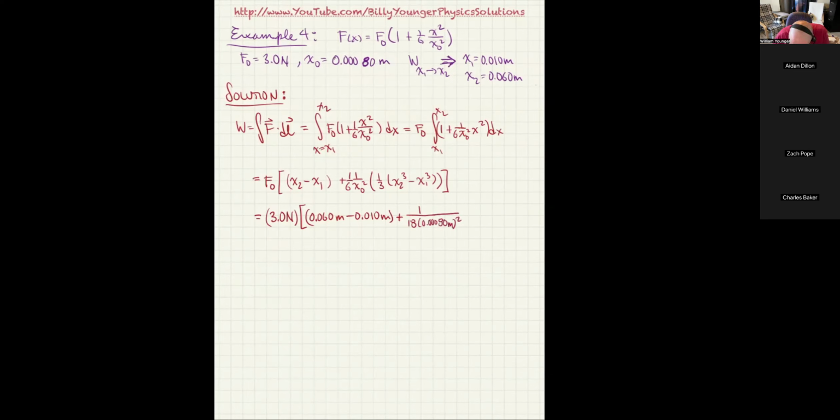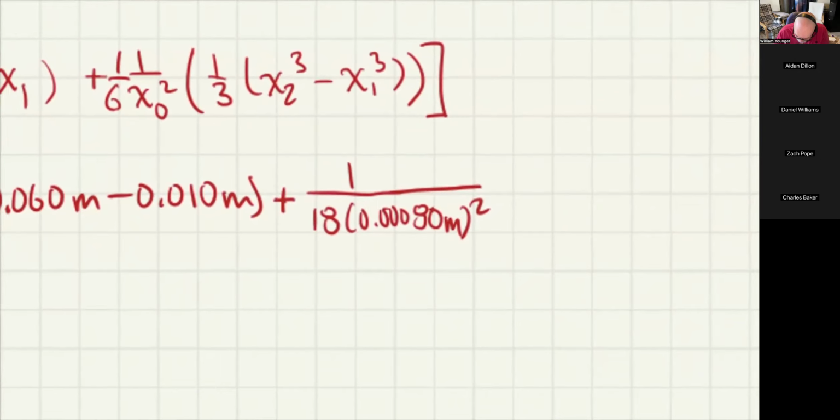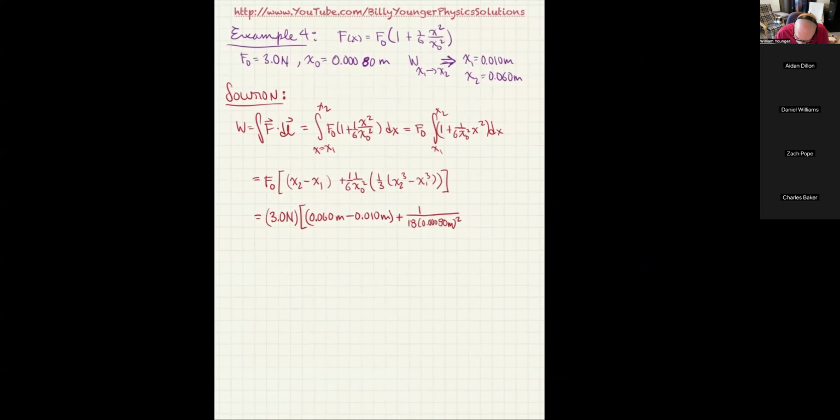So that's all just in the denominator. It's 3 zeros followed by an 80, and all that'll be squared. Now all I have left is the cube of these values. So it's going to be 0.060 meters cubed minus 0.010 meters cubed, and a square bracket after it.